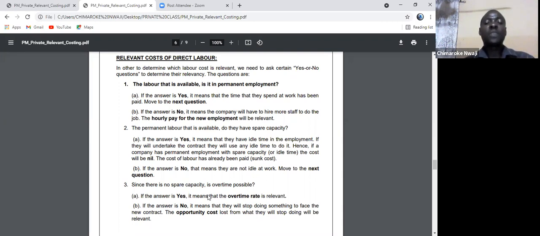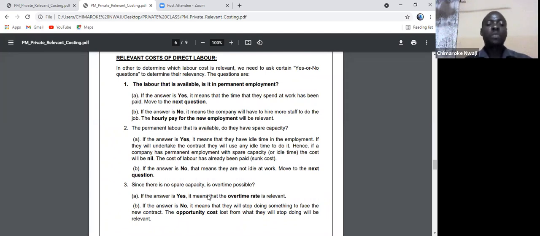But if the labor we have available for the contract is not in permanent employment, it means that if you are to hire them to do the job, you are to pay them per hour. Because they're not in permanent employment, you are hiring them specifically for the job. And so you're going to pay them hourly pay for that job. So the hourly rate is relevant.